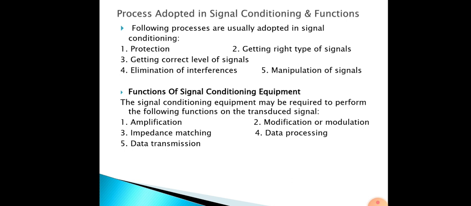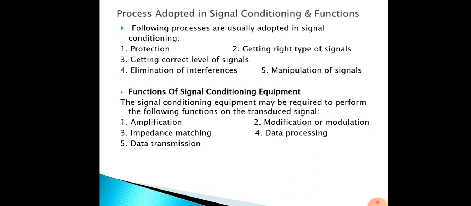For example, for amplification operation, amplifiers are widely used. The next one, elimination of interference. If there is any noise, we have to remove that noise. The next, manipulation of signals. The output signal may be non-linear in nature, so this needs to be linearized, so we have to modify it.